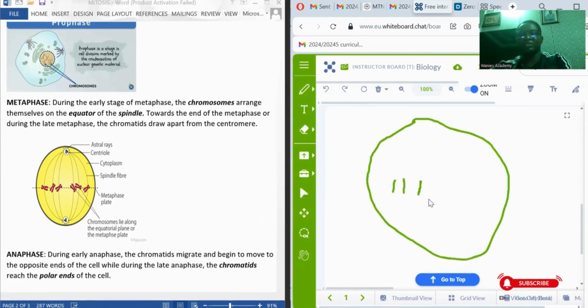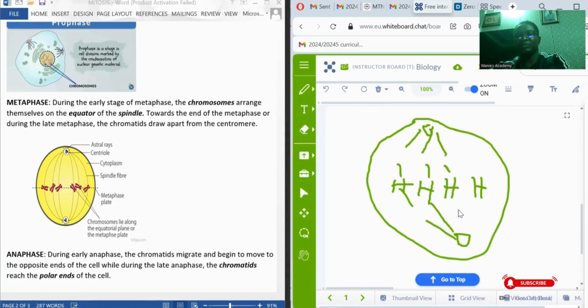Don't forget, I said the chromosomes are joined together by a centromere. The chromosomes align at the center of the cell, and they are held to the centrioles at the opposite end by a spindle fiber.